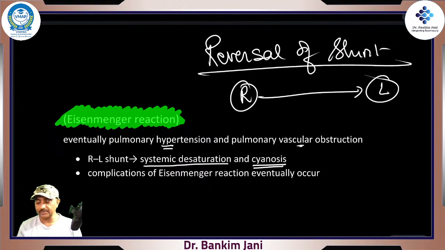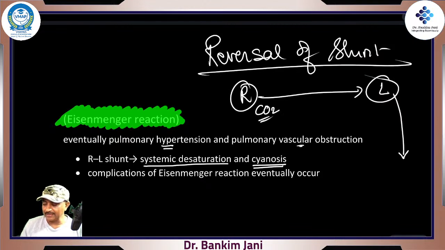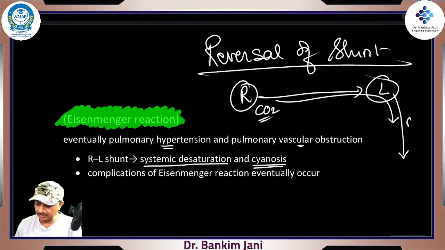Why systemic desaturation? Initially, the left side was getting a bit less blood, but that blood was so pure, only oxygen. Now it is happening that this CO2 rich blood is entering the left atrium. So now this was oxygenated, this is deoxygenated.